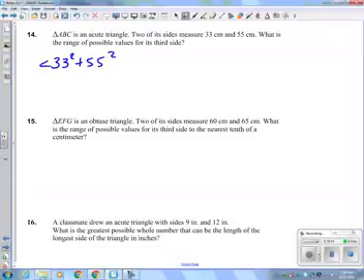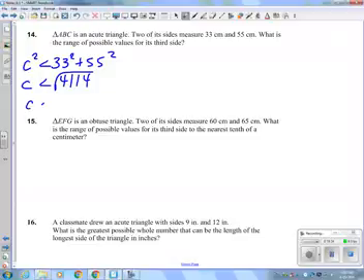For it to be acute, it has to be less than C squared. 33 squared plus 55 squared comes out to be 1441. Square root that to find C, and you get C has to be less than 64.1, and we're going to write decimal answers for this.